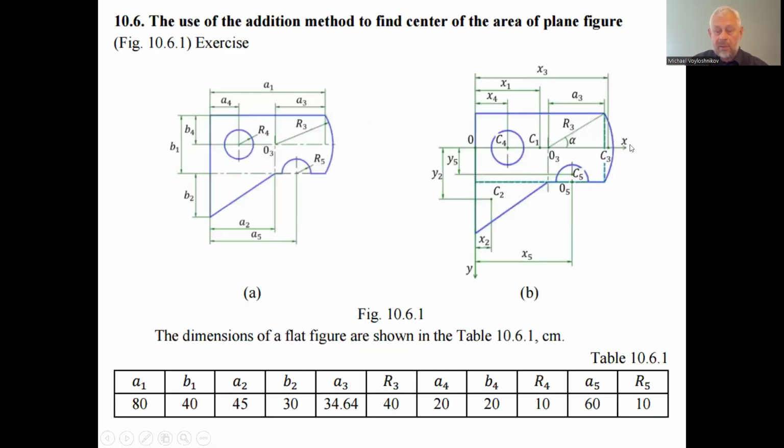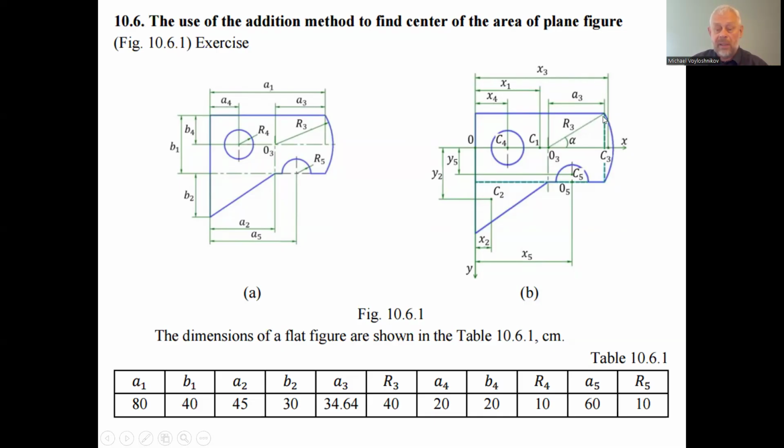Segment 3 is not the most complex segment here, but anyway, we can find this segment area as the area of this definite sector. We can find the angle alpha ourselves, because we have a right angle triangle.